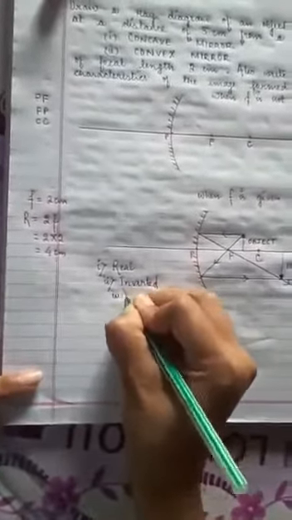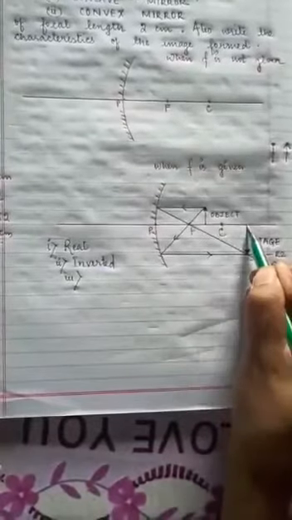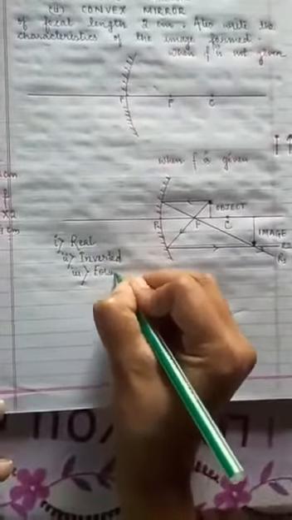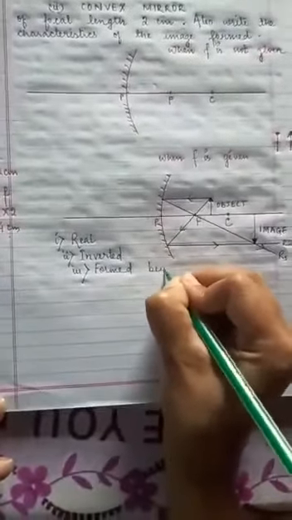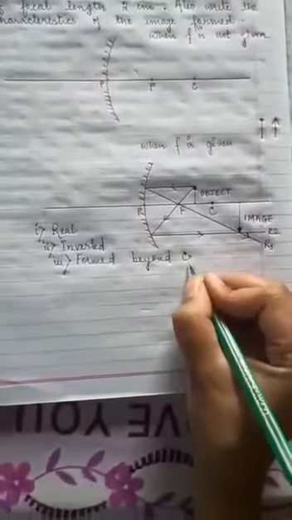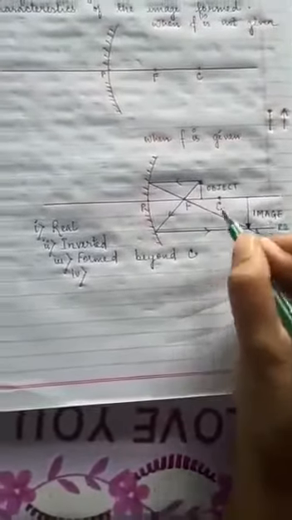Third, where is the position of the image? Here you can see that the image is formed beyond C. There is no other fixed point beyond C, so it is just written formed beyond C. C means center of curvature. Now fourth, whether the image is bigger or smaller than the object.